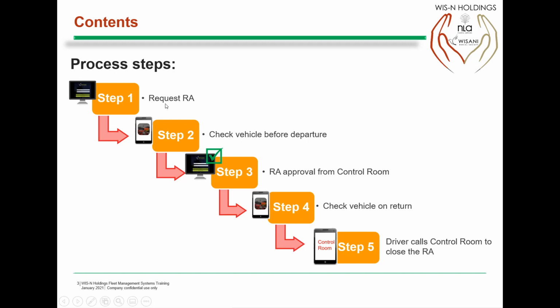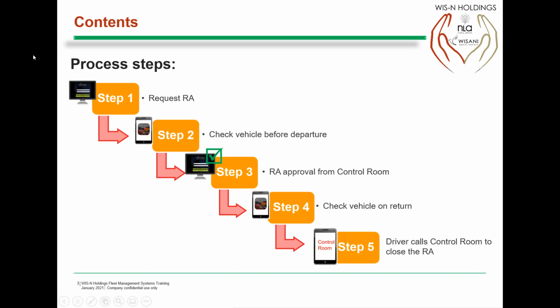Once you have requested that route authorization, you need to move to step 2, which is checking the vehicle before it leaves your premises. The way that you're going to do this, there's going to be an app downloaded on a cell phone at your branch, and you're going to use that cell phone to check the vehicle. This is going to happen in video 2, where we explain to you how to do this.